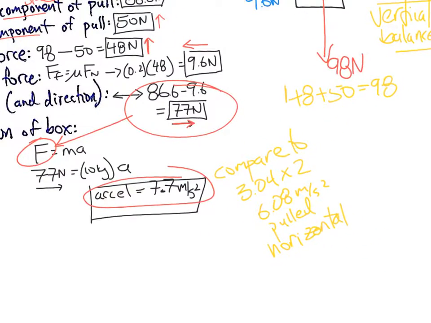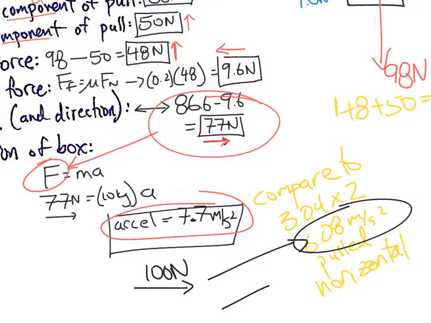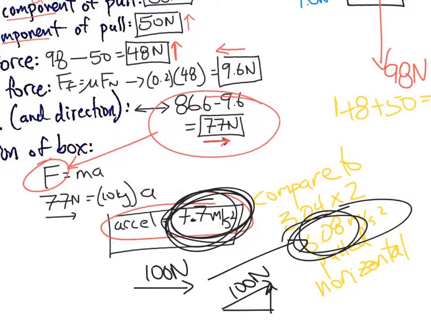So I made a little note here, and that is to compare to, if you look at the example above, it was a 50 newton force instead of a 100 newton force, but even if we double the acceleration to account for the fact that, for example, if the top example were 100 newtons, so I'll draw this, 100 newtons, that would give us this for acceleration, whereas when the 100 newtons was applied like this, it's pulling less to the side, but because it's pulling up, it's reducing the friction, and so we get a greater 7.7 acceleration than 6.08.